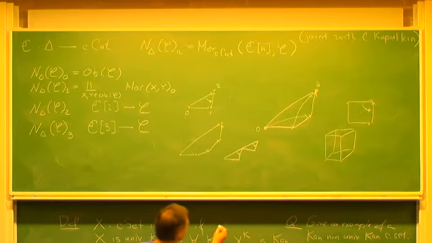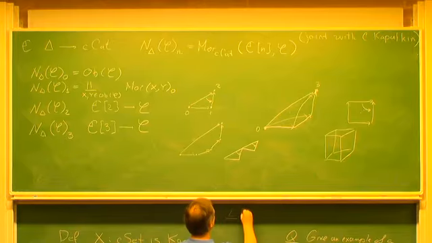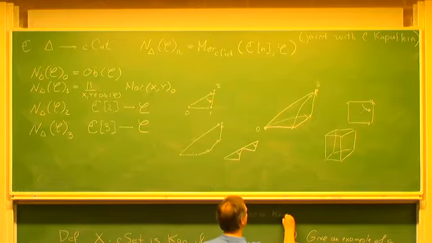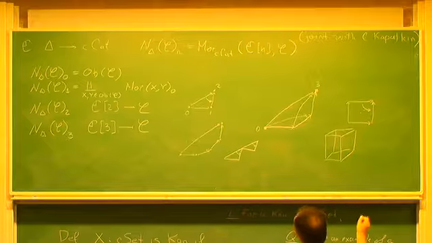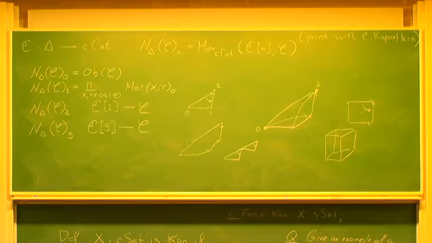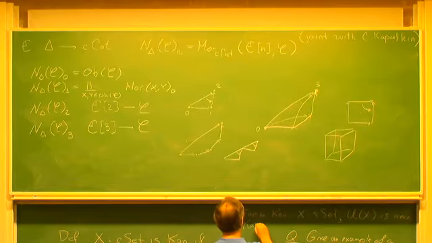I also can say in a simple lemma that for a Kan X in simplicial sets, U of X is a universally Kan cubical set.